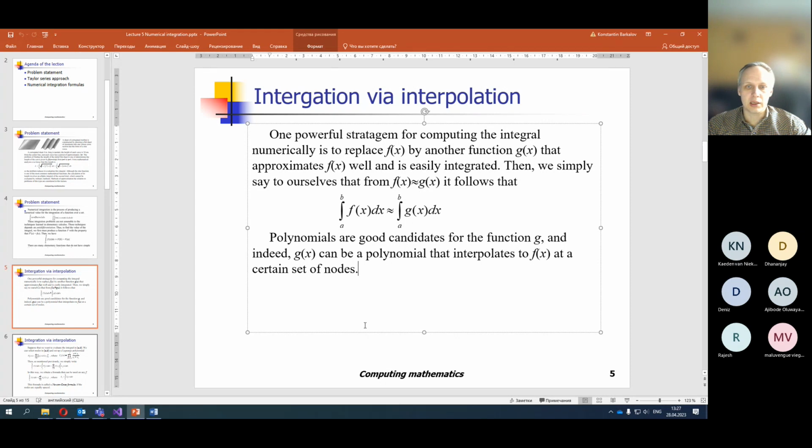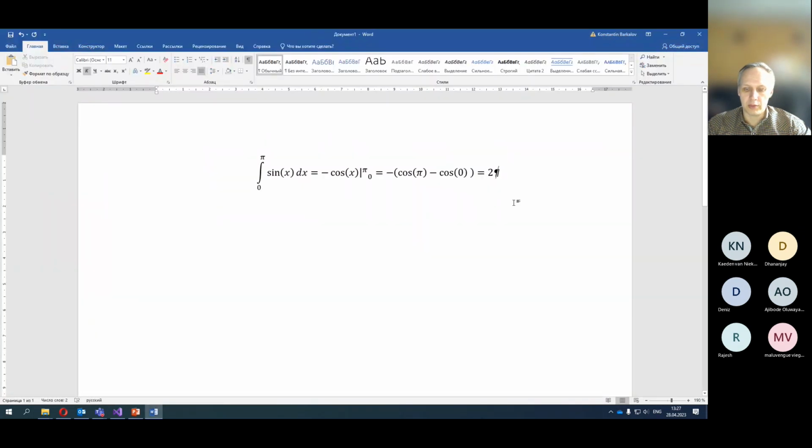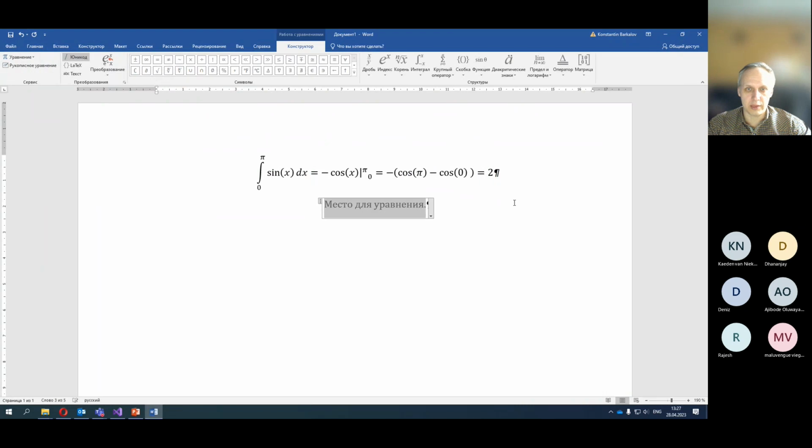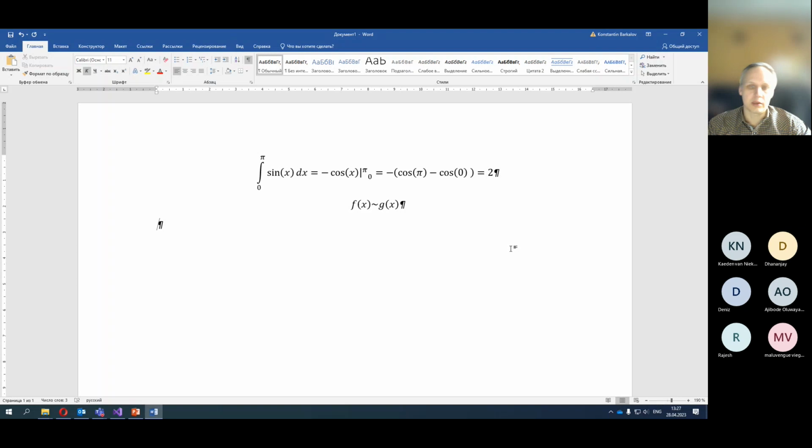If we take a polynomial g of x that approximately equals f of x, then we can say that the integral of f of x will be approximately equal to the integral of g of x.